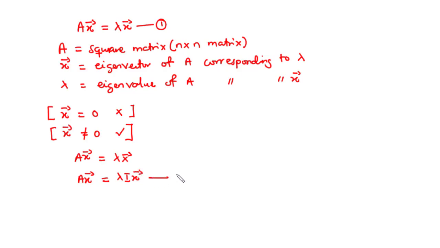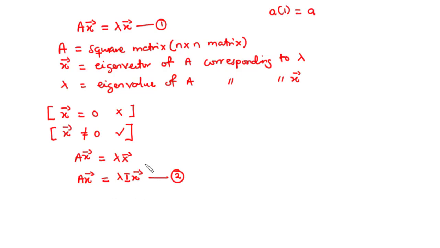Now let's call this equation 2. Notice that this equation is not so different from equation 1. You can basically consider that as multiplying any value by 1. When you multiply any value by 1, it is nothing but the value itself. So the identity element here is nothing but the matrix equivalent of multiplying by 1.